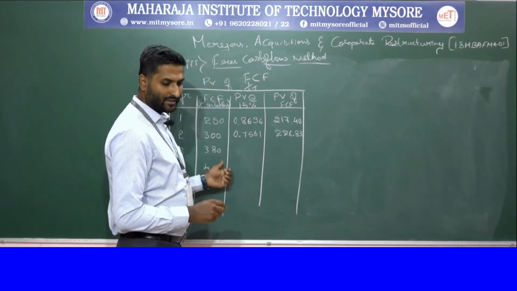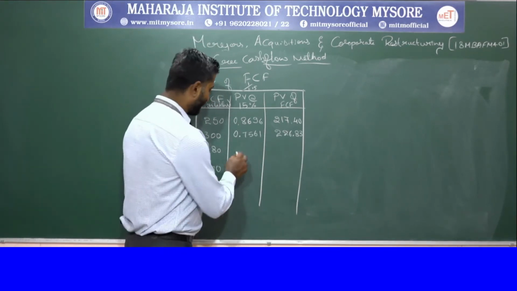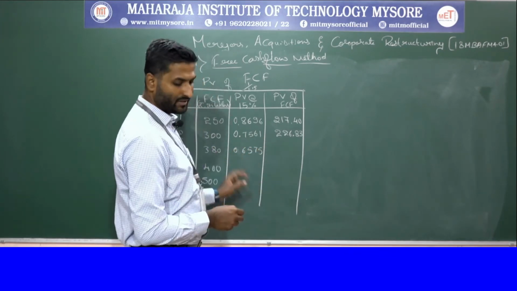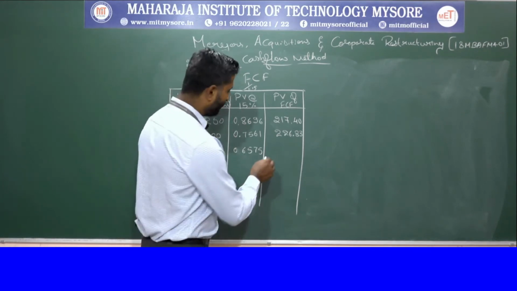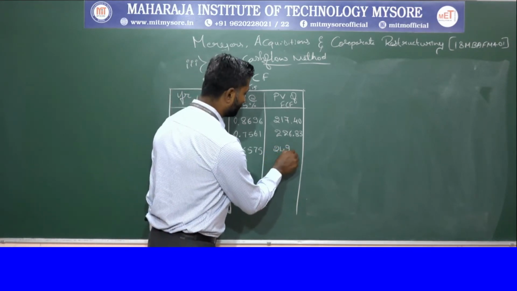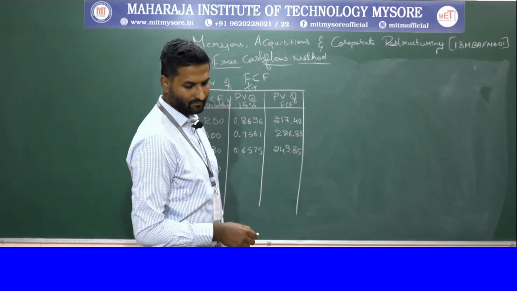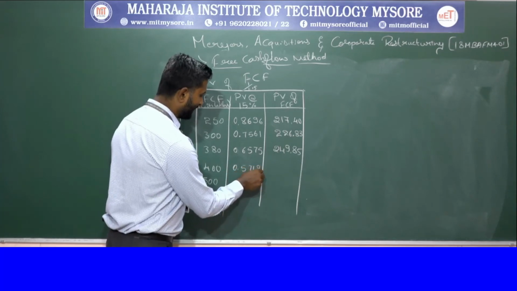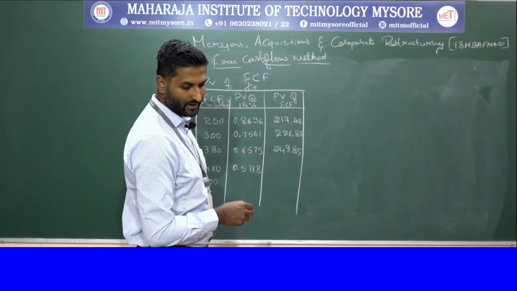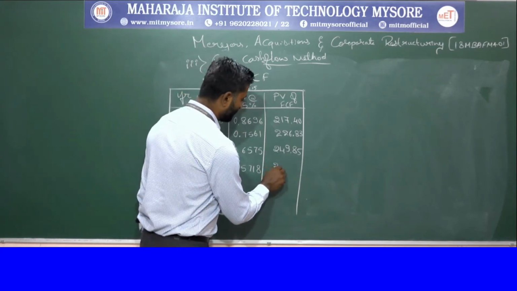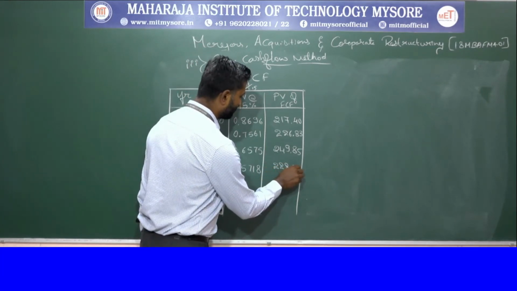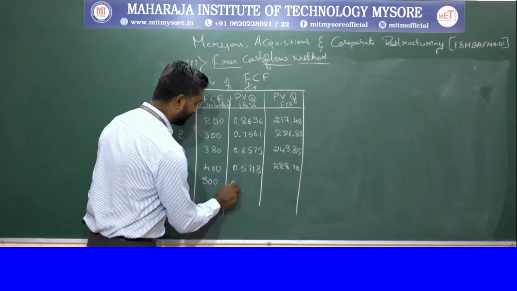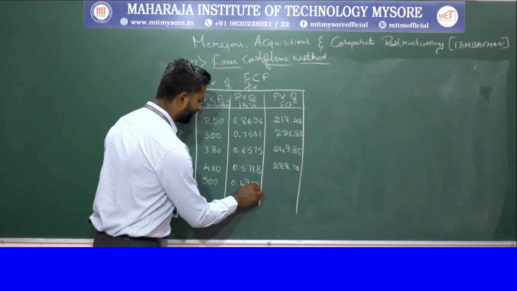Then for the third year, the factor is 0.6575, multiplied with 380, we will get 249.85. And the next year 0.5718, then into 400, 228.72. And the last one, 0.4972.